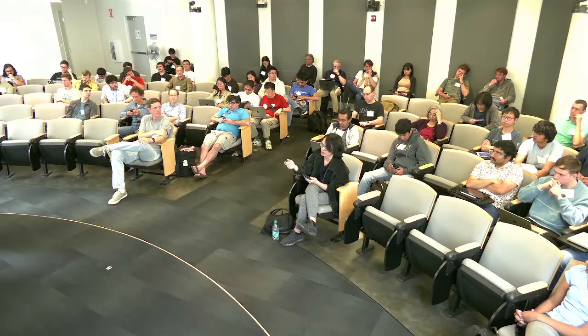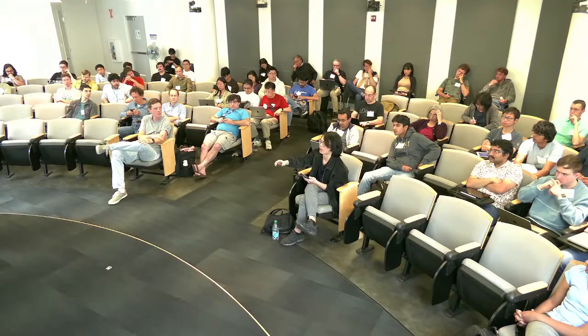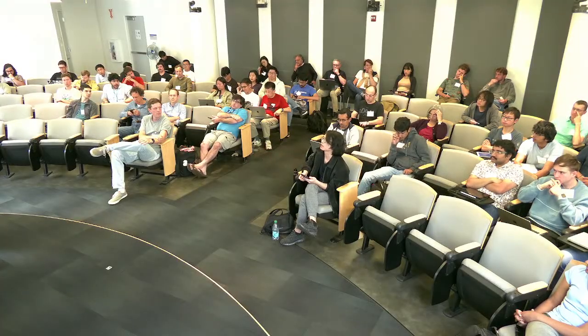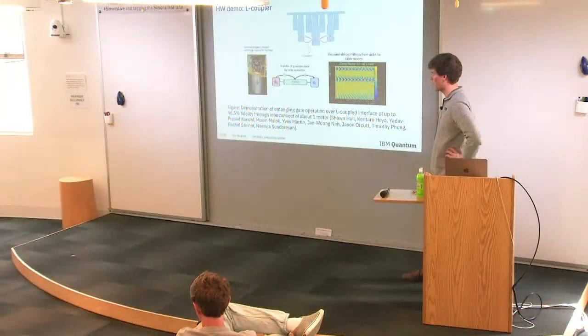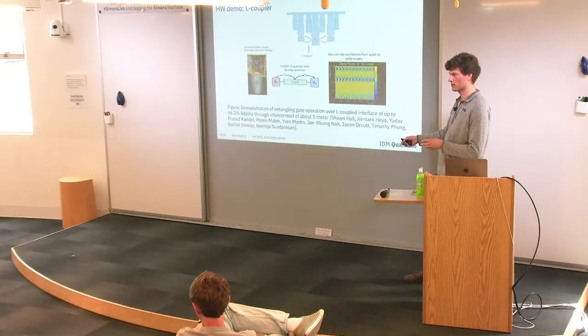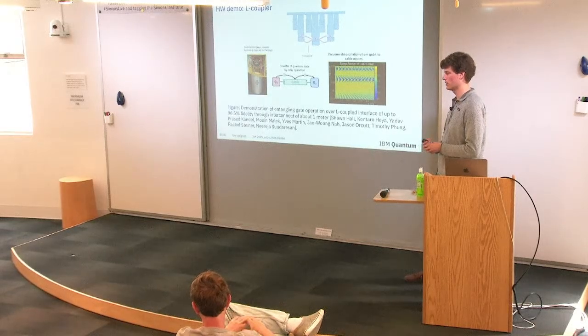How is the code distance preserved while we are transferring information from one code block to another code block through the L coupler? Yeah, so you can imagine that we have the information that we want to transfer, and we encode it in some redundant way.